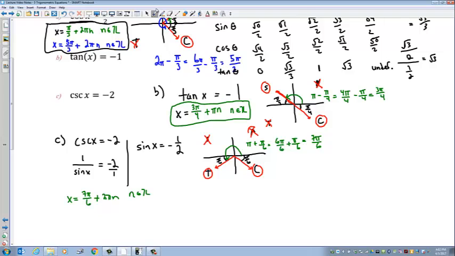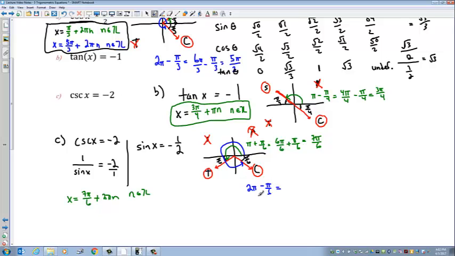And then for the next angle, let's use a different color. Let's use blue. So again, we start here at the x-axis, and we go all the way around to right here. And so for that angle, the idea is to go all the way around to 2 pi, and then go back pi over 6. So 2 pi minus pi over 6. So again, I'm using the picture. I can see in the picture, if I go all the way 2 pi and back pi over 6, I'll get this other angle right here.